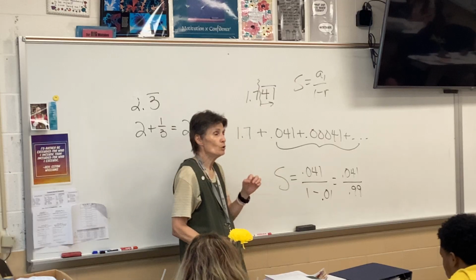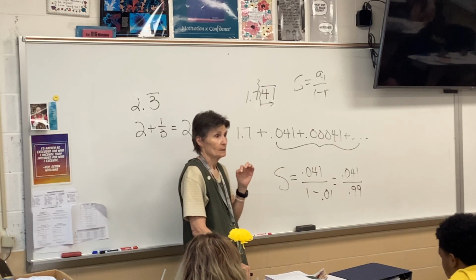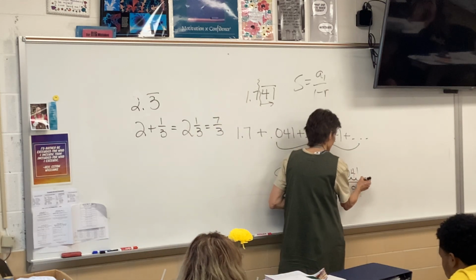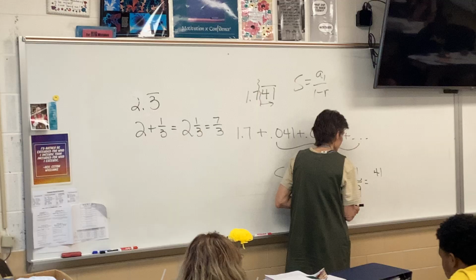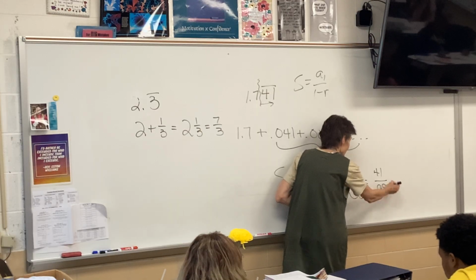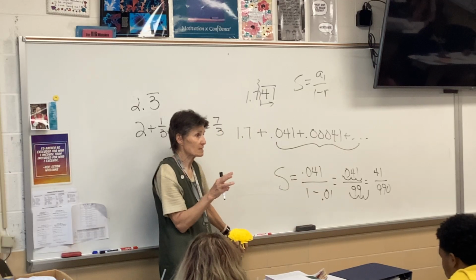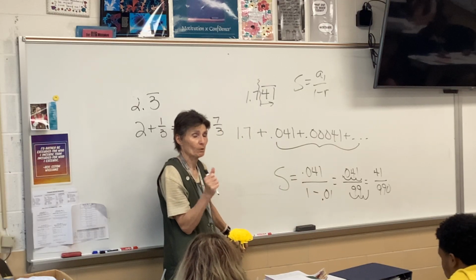To remove the decimal, we move each place the same amount. So 1, 2, 3 gives me 41, and 1, 2, 3 gives me 990. You have to move the decimal the same number of places.